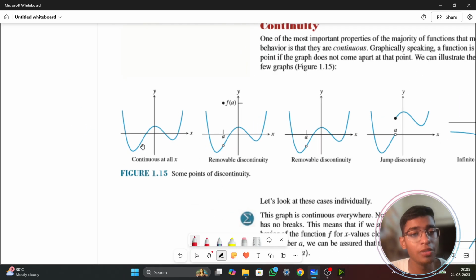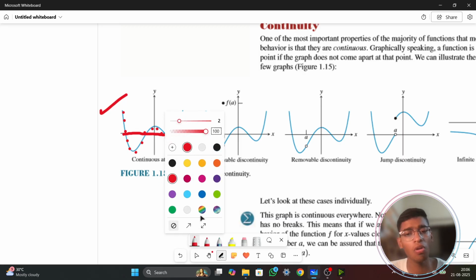So for all values of x on the x-axis, I'm getting a value of y. And these values are unique, because if you draw a vertical line along this, you will never get the vertical line crossing two points. Only then is it a function, and you can check continuity of the function. So this is continuous because it has values at all the points.